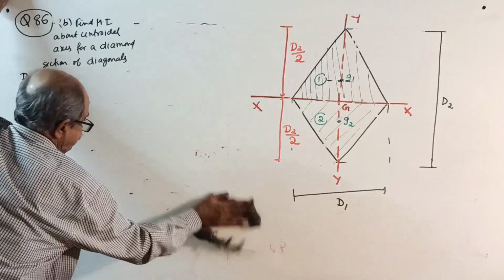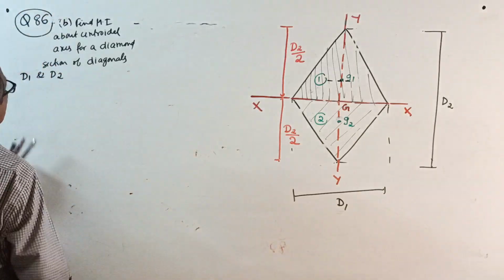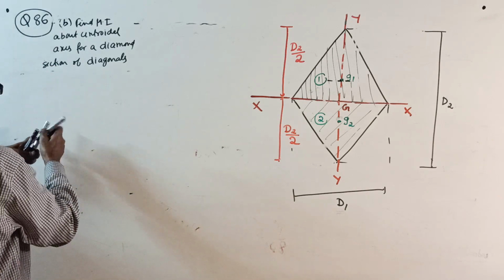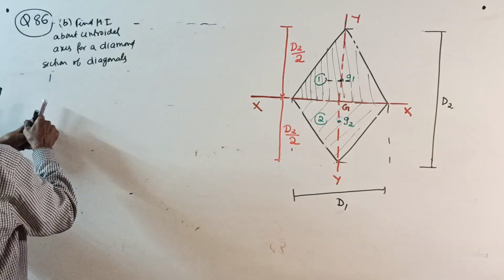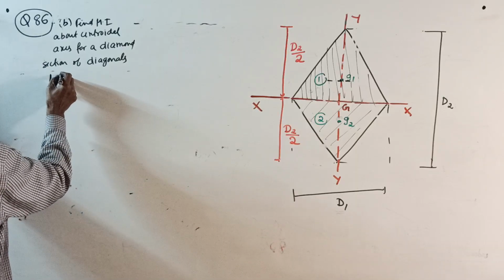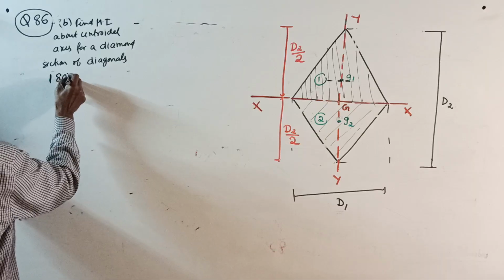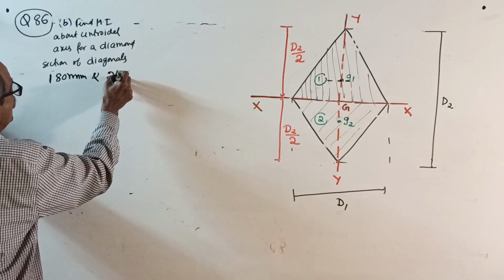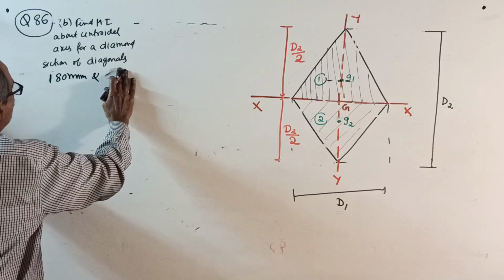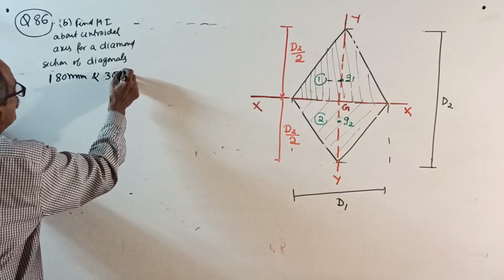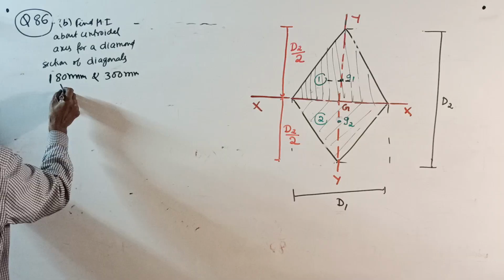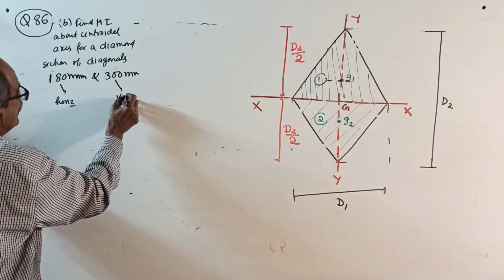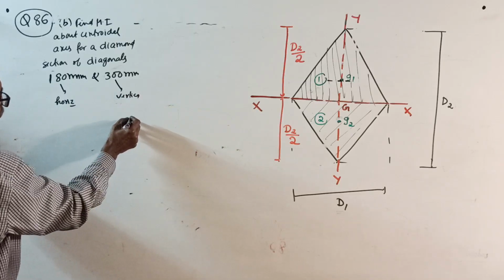See, for the section of diagonals, one of the diagonals is 180 mm and the other one is 300 mm. Here 180 mm is horizontal, so 300 mm is vertical in the given question.